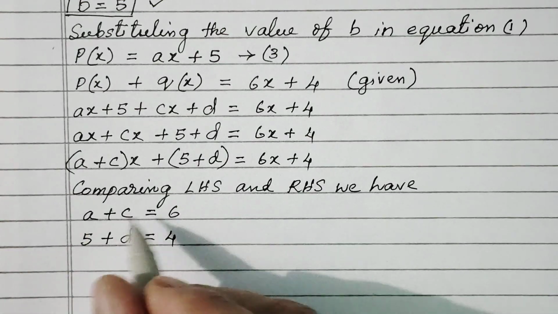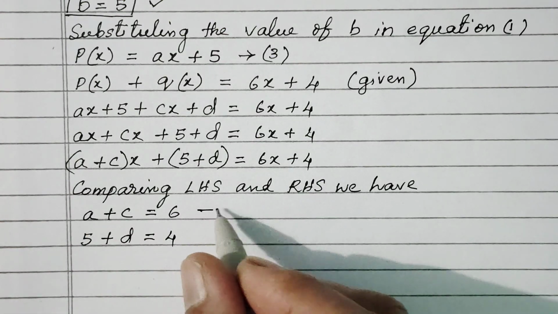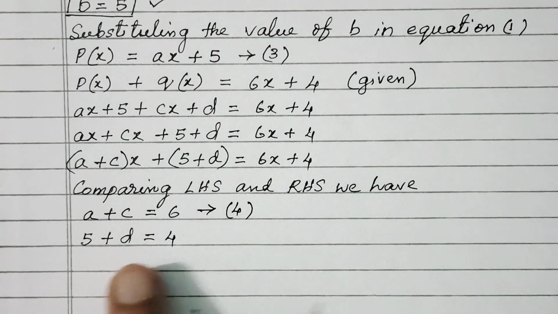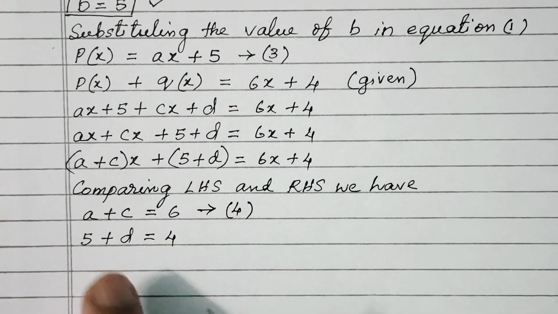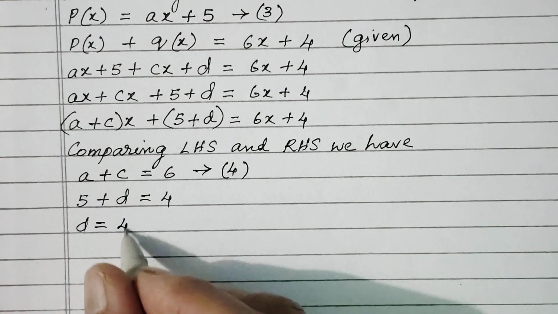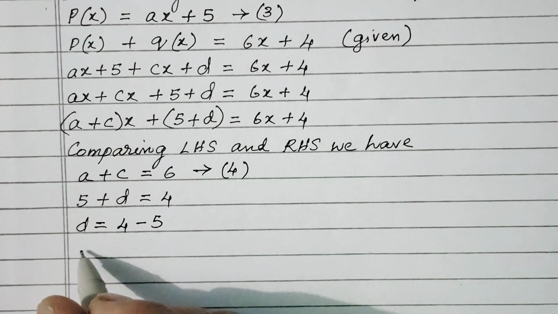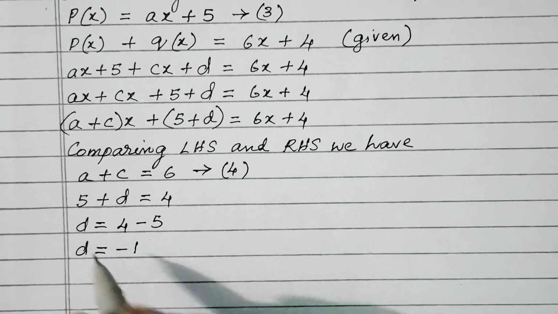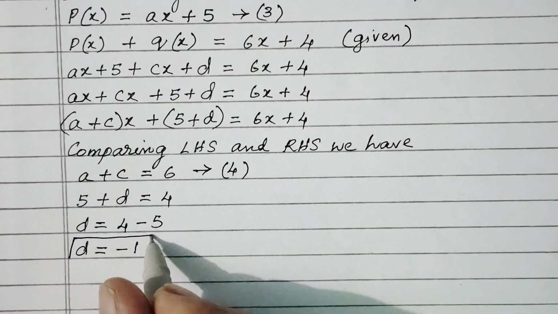I will label a plus c equal to 6 as equation 4. From the other equation I can get the value of d. So d will be equal to 4 minus 5. So d will be equal to minus 1. So I got the value of d here.